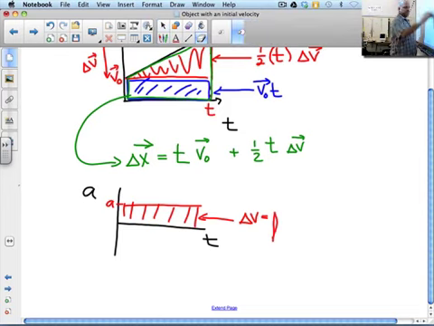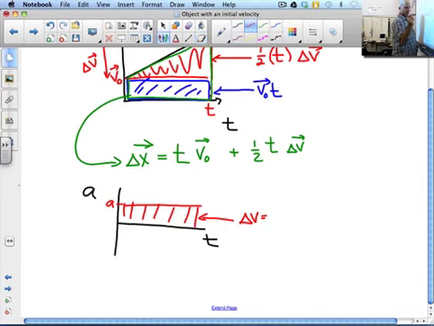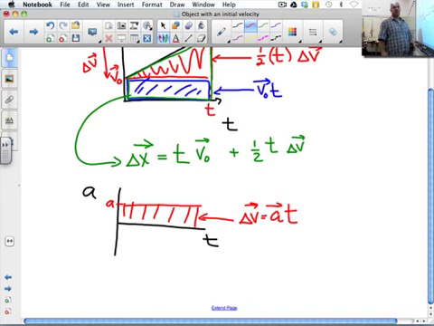Let me fix that. Okay, so this is going to be a times t. And acceleration has a direction to it, just like change in velocity has a direction to it. The direction you're accelerating is important. The direction you're accelerating combined with the direction of your velocity tells you if you're speeding up or slowing down. Positive acceleration isn't always speeding up. Negative acceleration is not always slowing down. It's the direction of velocity and the direction of acceleration together that tell you if you're speeding up or slowing down.